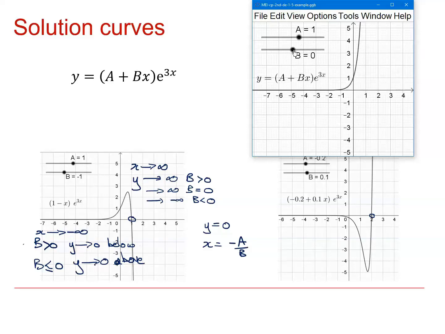As a equals 1, let's push b right the way up. And you'll see here that what happens is the graph comes down, cuts through, and then tends to 0 from below. Whereas if b is negative, it comes up, cuts through here, and then tends to 0 from above.